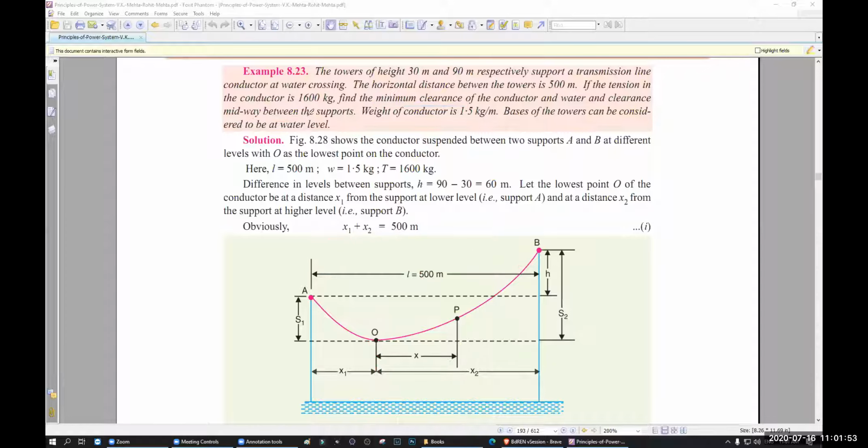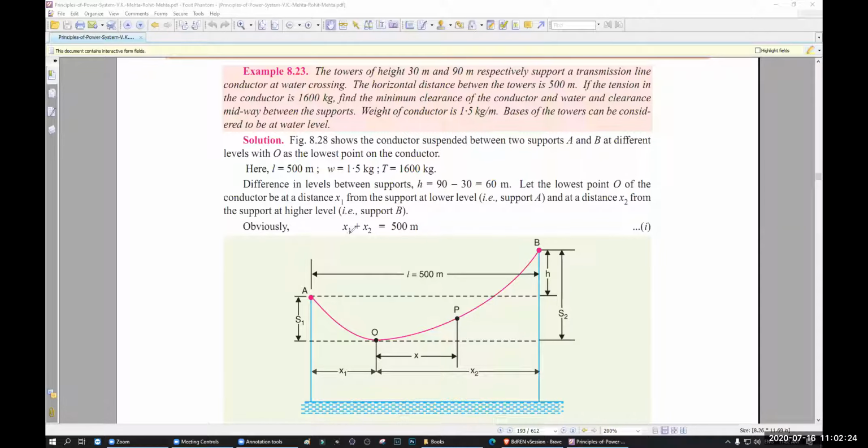So let's find out. Here L is equal to 500 meter, W is equal to 1.5, T is equal to 1600. Difference in level, that means H, 90 minus 30 equal to 60 meter. Let O be the lowest point of the conductor at distance x1 from tower 1 or x2 from tower 2.